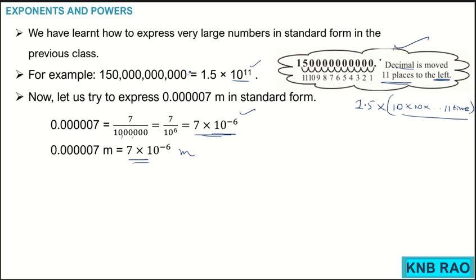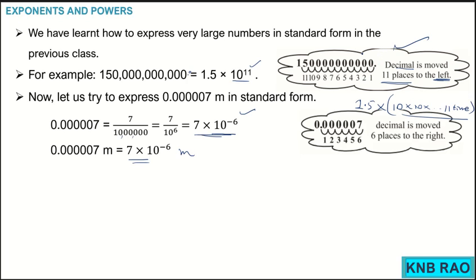Yes, there is a shortcut. Here I am explaining. See, when I am expressing a very large number, we shift the decimal point to the left, whereas when we are writing a very small number in standard form, we shift the point to the right side.